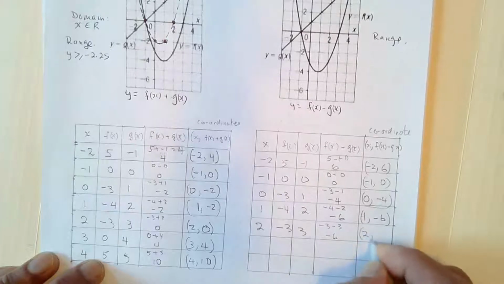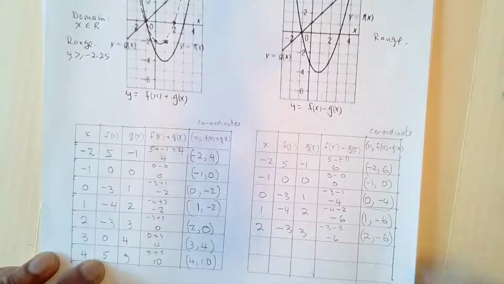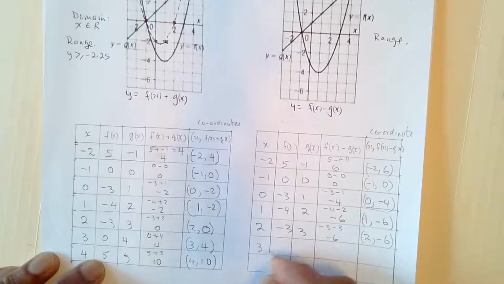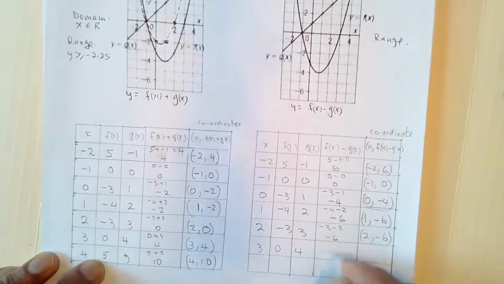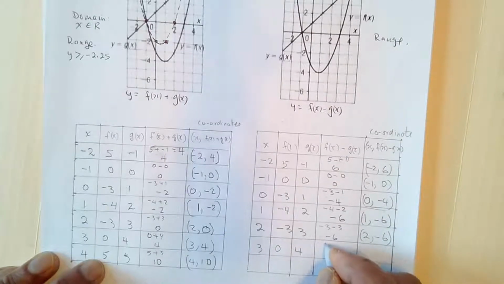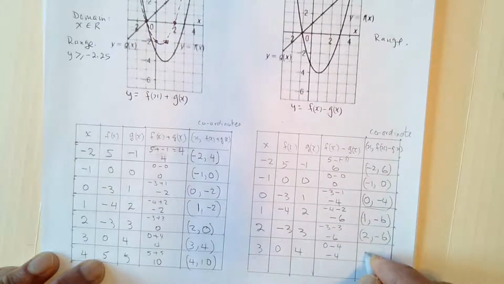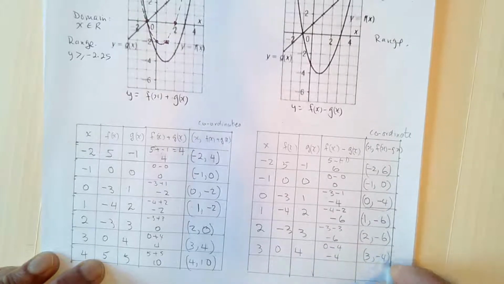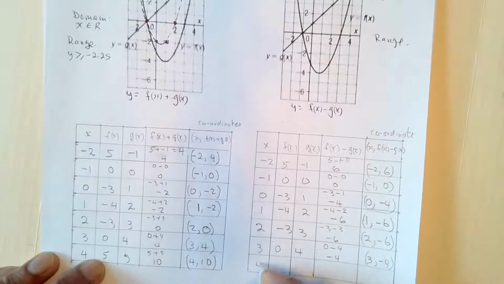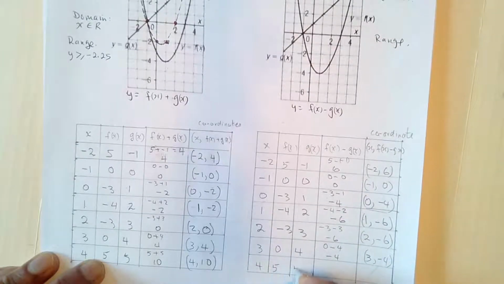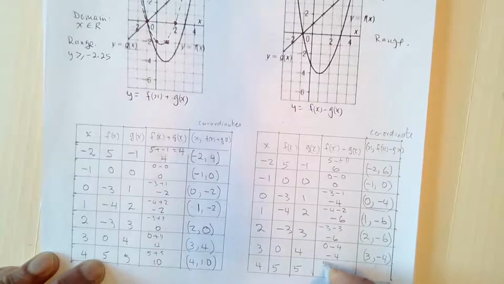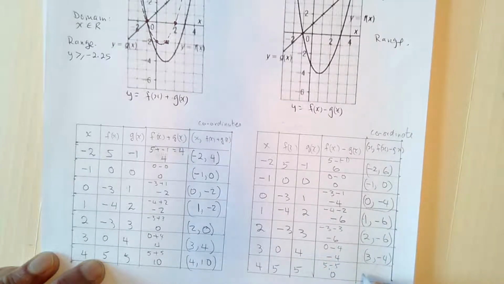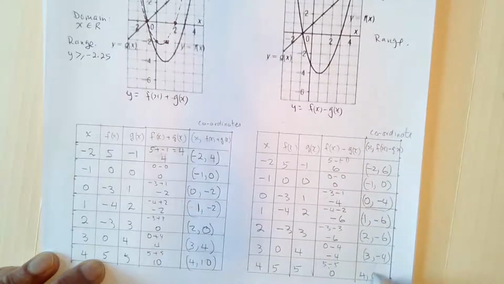So 2, -6. We have 3, 0, 4, which is 0 minus 4, -4. So we have 3, -4. And finally 4, 5, 5, which is 5 minus 5 gives me 0. This is 4, 0.